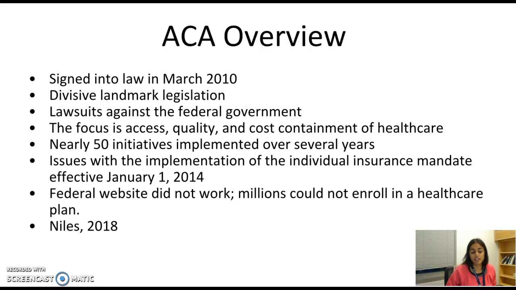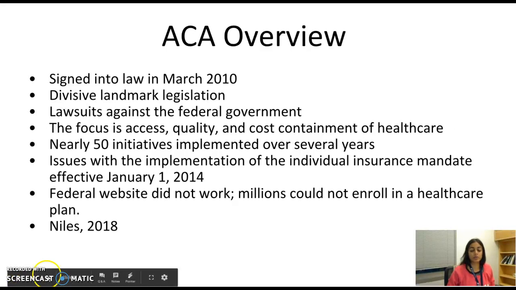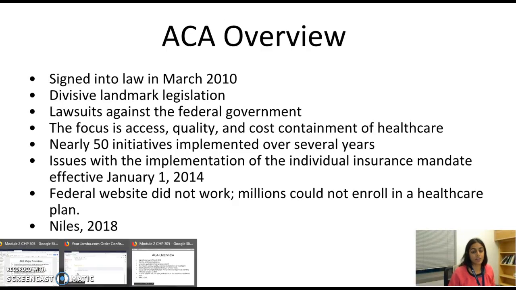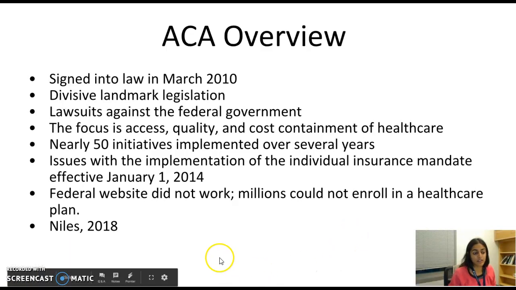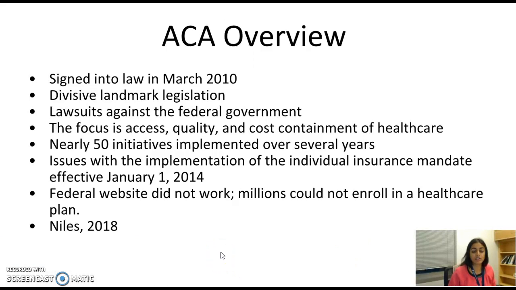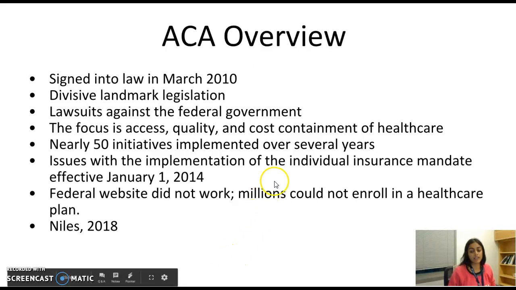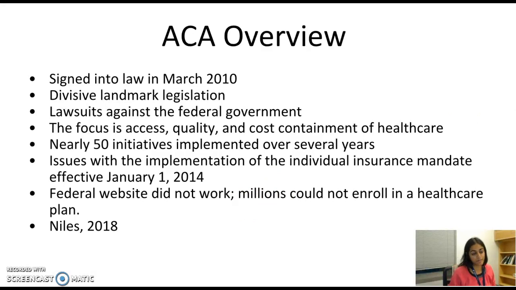Nearly 50 initiatives implemented over several years were the goal of the ACA and the way that it was designed to roll out. There were some issues with the implementation of the individual insurance mandate, meaning the requirement for every individual to buy healthcare if they were not insured by an employer, which was effective on January 1st, 2014.